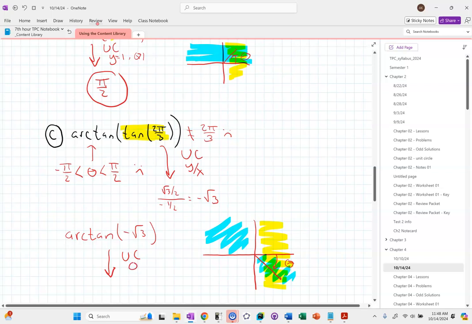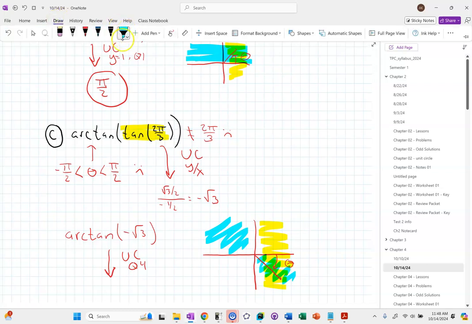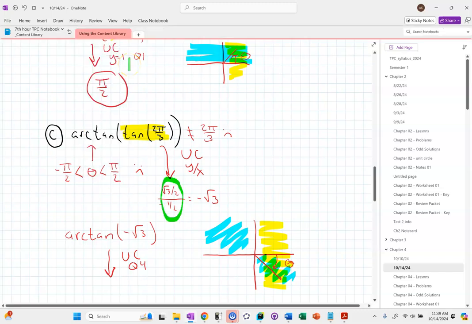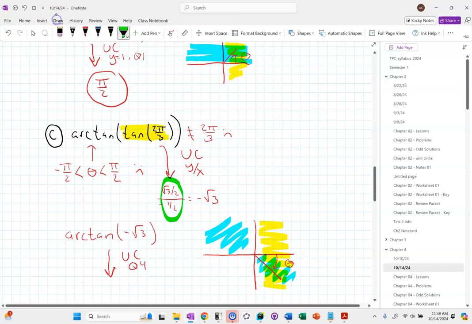So I'm going to be looking in quadrant 4. So I know that square root 3 came from a y coordinate with a root 3 over 2 and an x coordinate with a negative 1/2. But in the fourth quadrant, the y coordinate should be negative and the x coordinate should be positive.